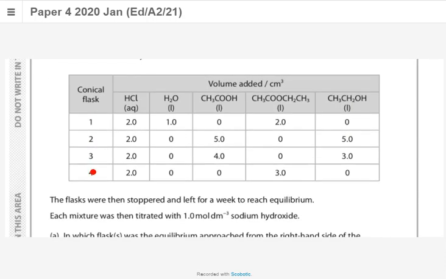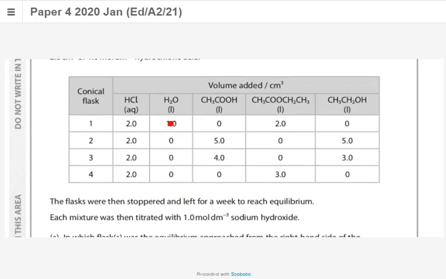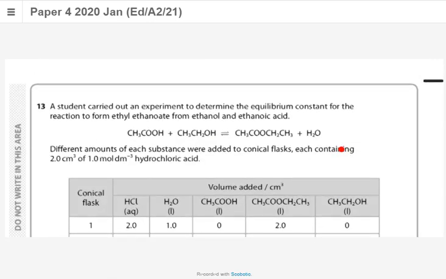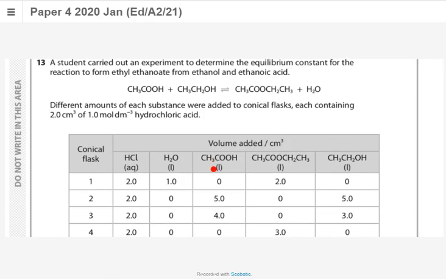So conical flask 1 to 4, hydrochloric acid volume, and then, voice is decreasing. Is it for everyone? Let me know. Hydrochloric acid is given, ethanoic acid is given, the ester is given, and the ethanol.